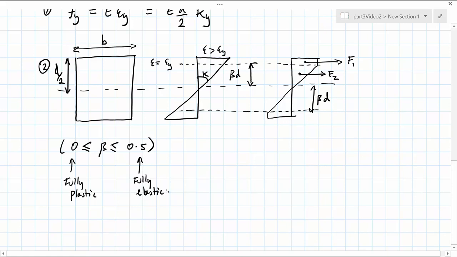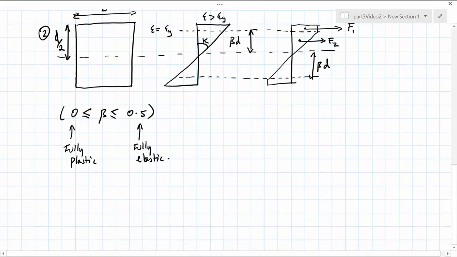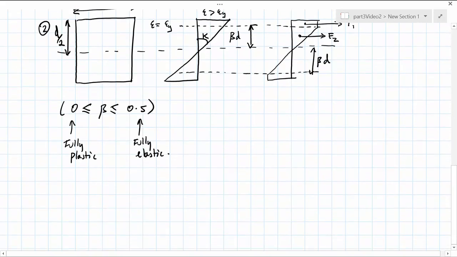Beta can take any value between these 2 values. We next need to determine the moments by evaluating the forces F1 and F2. This is simply done by considering the geometry of the diagram above.